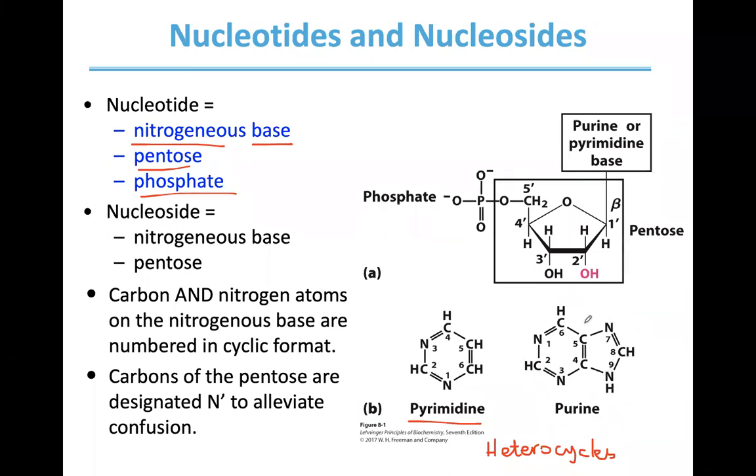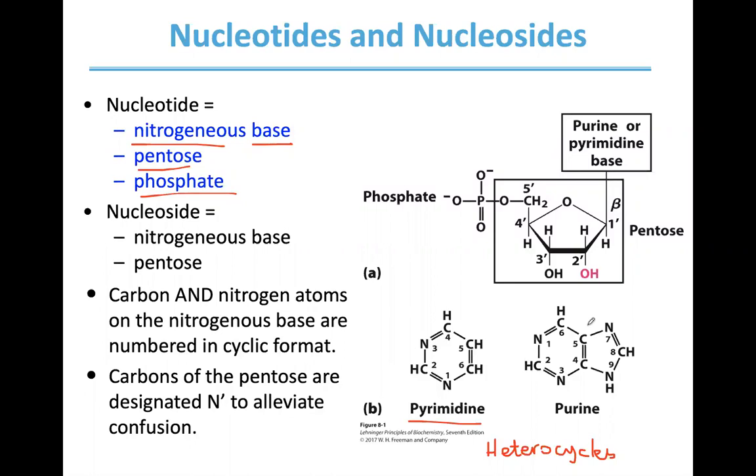If you were just to name the 5-member ring here, what would be the name of this ring? Remember you saw this in one of the amino acids. Which amino acid is that? One of the amino acids has this structure of a 5-member ring with two nitrogens.